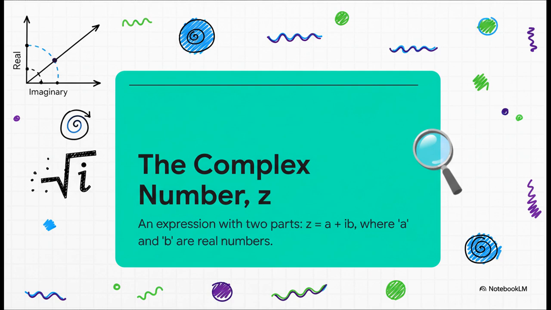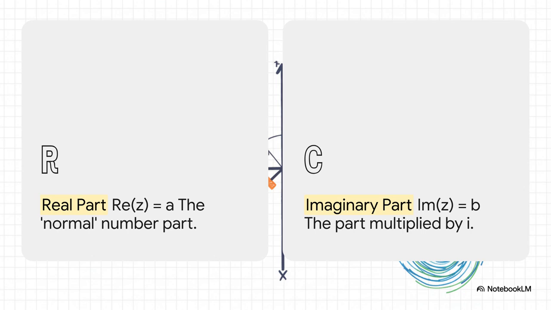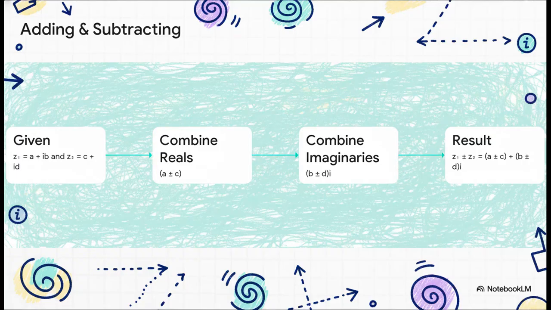A regular real number, a, and another real number, b, that's just being multiplied by our new friend, i. And this breaks it down perfectly. Every single complex number has a real part, that's the a, and an imaginary part, that's the b, the number that's tagging along with i. That's really all it is. It's a hybrid number, part real and part imaginary, living together. And you know what's great?